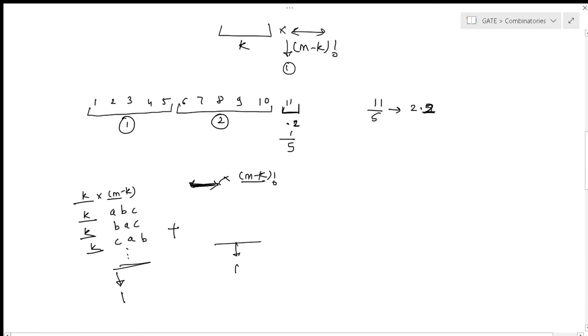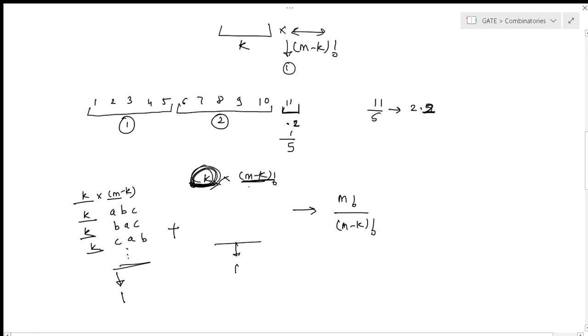So in effect, we are giving freedom to only these k positions. That's the intuition behind the formula. M factorial means you are giving freedom to all the elements to go wherever they want, but by dividing by m minus k factorial, you are saying that the rest of the combinations which generate the overcount should be counted only once.